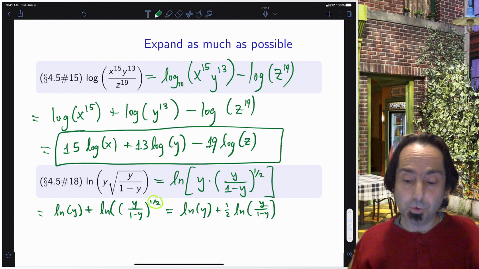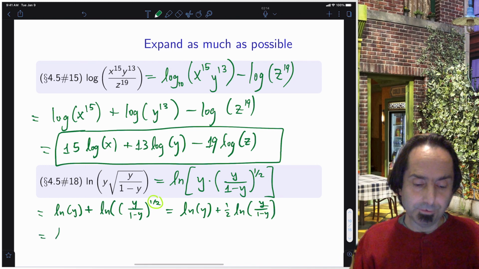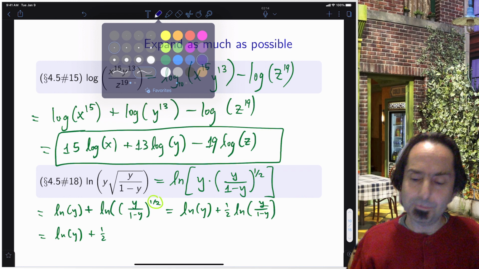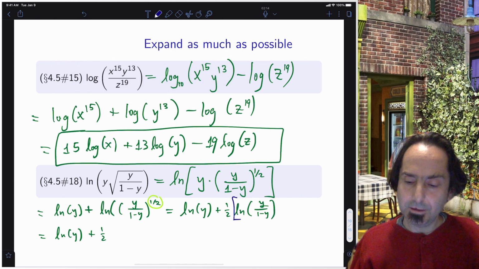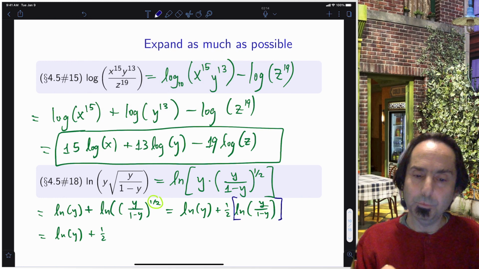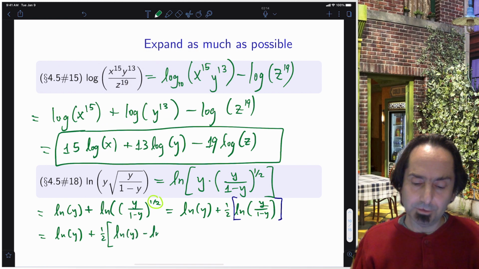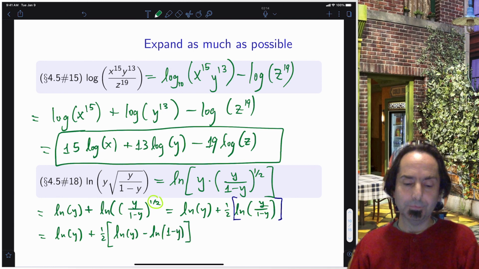And now I can use the quotient rule. So this is natural log of y plus 1/2. And I'm going to put in parentheses just to be safe, because this is one thing, and we're going to group it together. That is natural log of y minus natural log of 1 minus y grouped together.